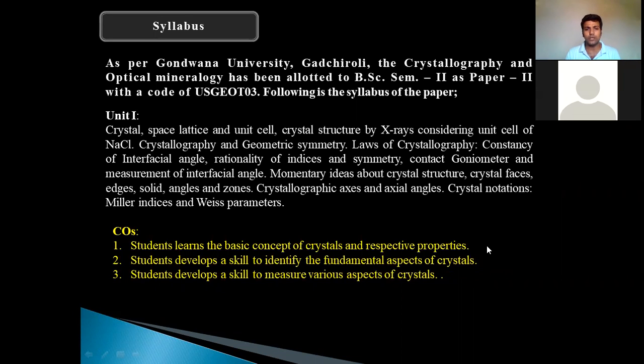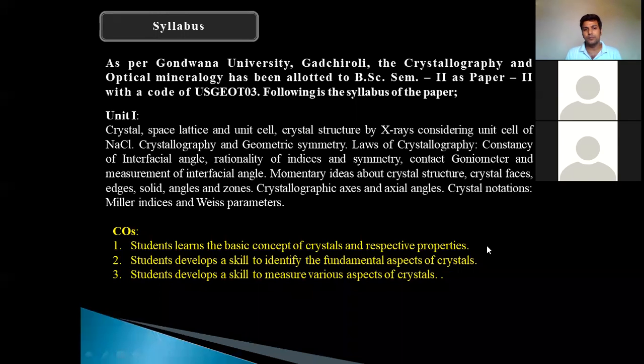So what would be the course outcomes of this unit? Students learn the basic concept of crystals and their respective properties. In this unit, you are going to learn the basic concepts of the crystals as well as their properties. At the same time, you will develop a skill to identify the fundamental aspects of the crystals.